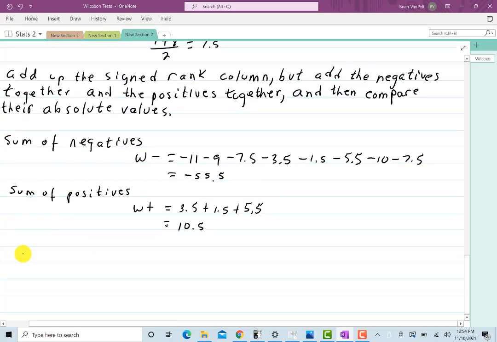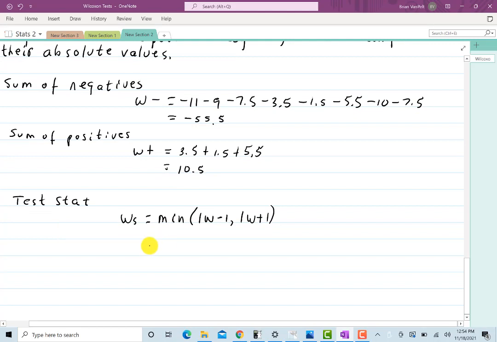Now our test statistic, which we call W sub S, is equal to the minimum of the absolute value of W minus or the absolute value of W plus. The absolute value of a positive number is still positive, so it doesn't matter there.